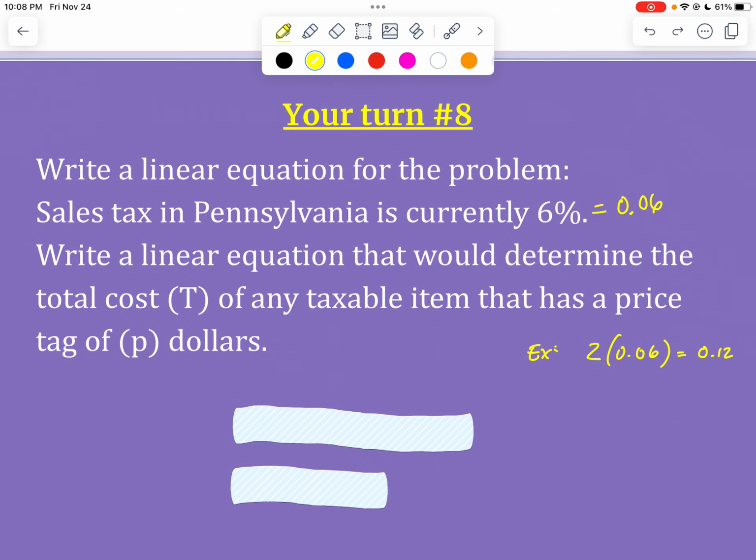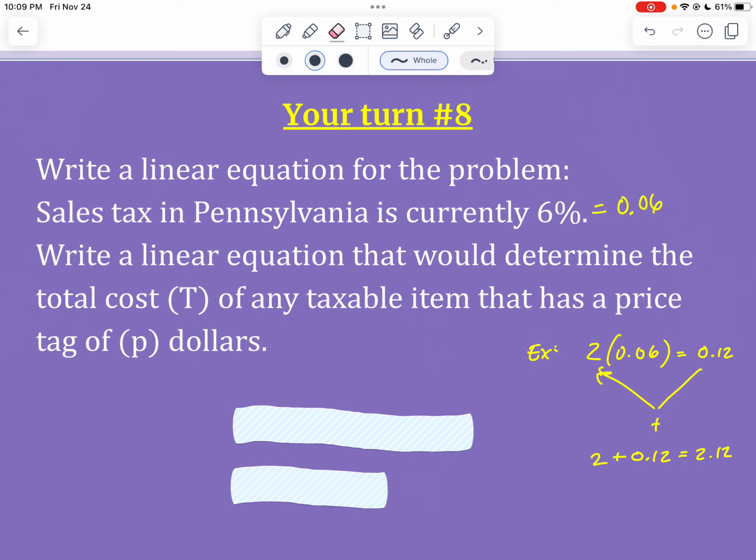So I'm going to take that tax and add it to that original price. So $2 plus the 12 cents, so I'm really paying $2.12.